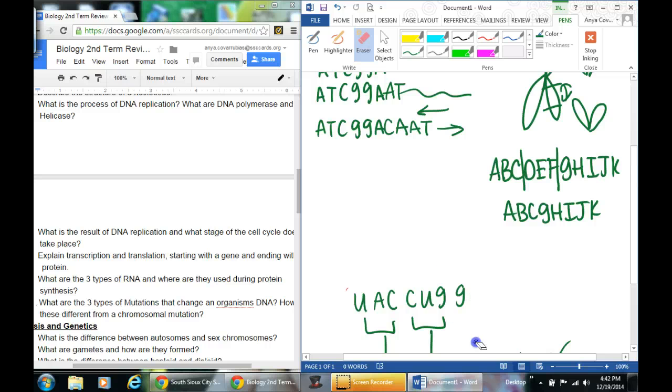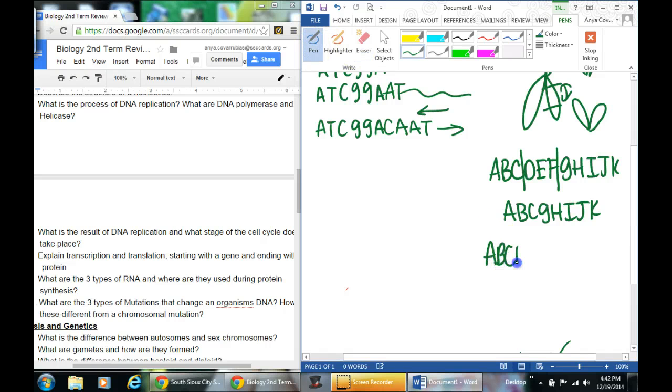If we had something that was duplicated, then our answer would be like A, B, C, D, E, F, D, E, F, G, H, I, J, K. If something was inverted, it'd be like A, B, C, and then F, E, D. So this is flip-flopped here. So that's the inversion.